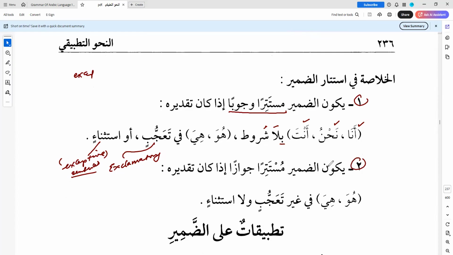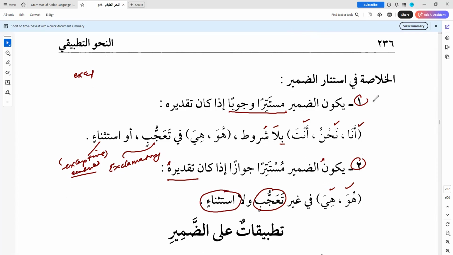And then 2, يكون الضمير مستتر جوازا إذا كان تقديره, if the estimation or the تقدير is going to be هو or هي, في غير تعجب ولا استثناء, right? Without use of exclamatory element, or without using exceptive element.